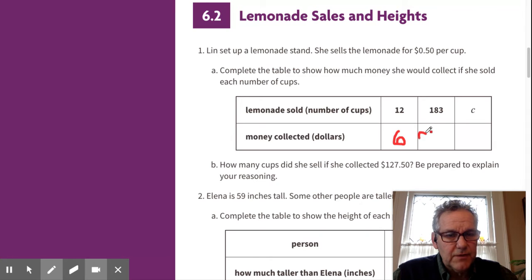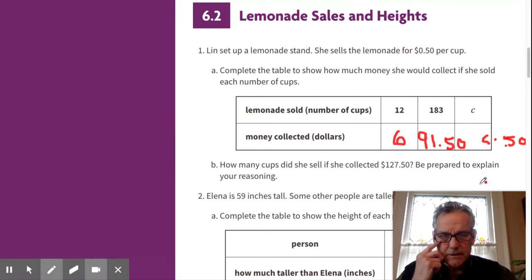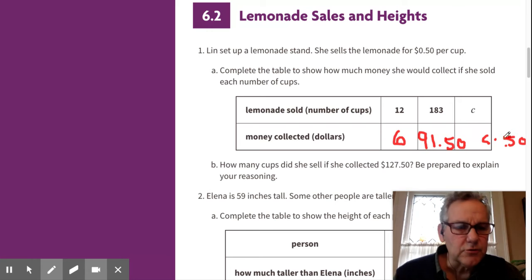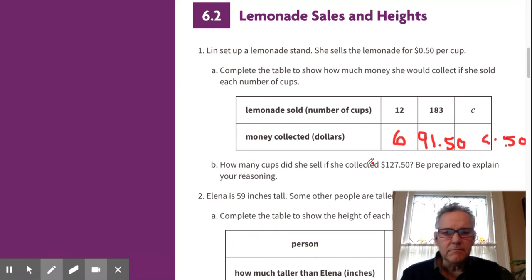So I come up with 91.50. And of course, for C cups, it would simply be C times 50 cents. Excuse the writing on that, boys and girls. My penmanship will get better on this appliance over time.